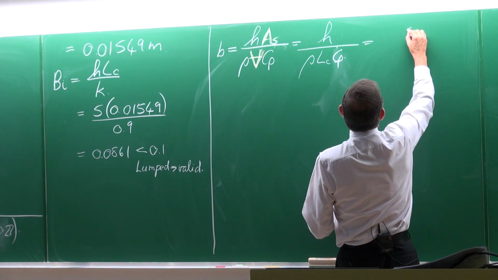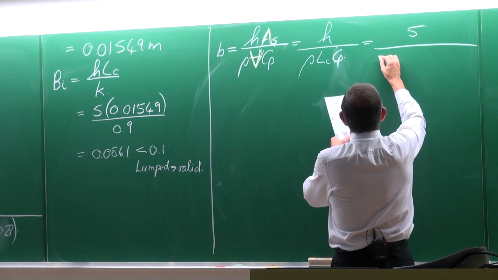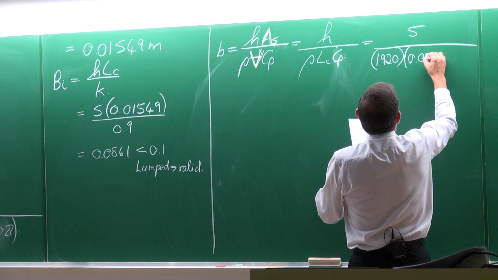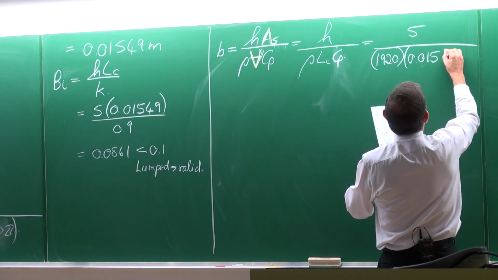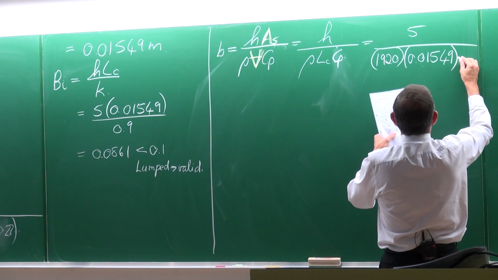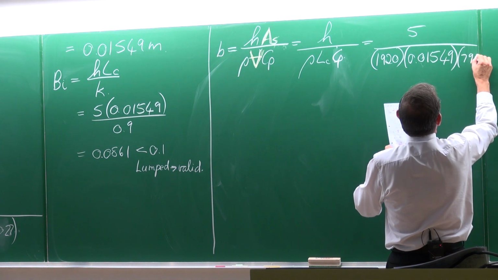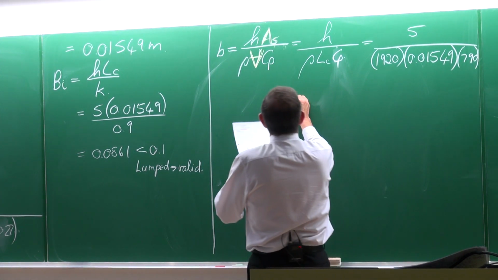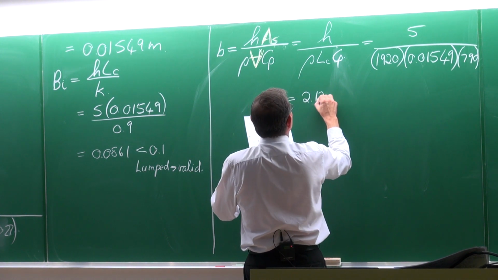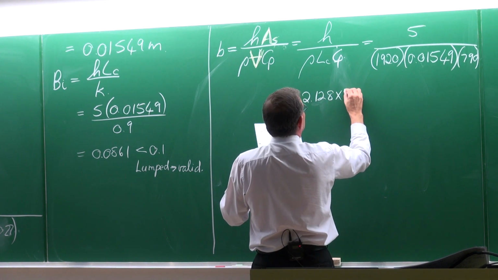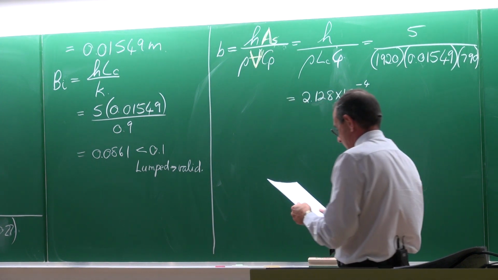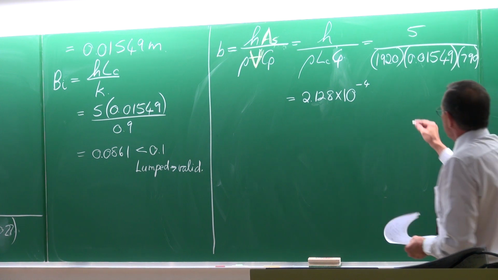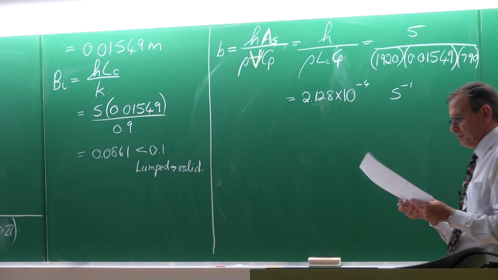Right, so the heat transfer coefficient is 5. The density is 1,920. The characteristic length is 0.01549. And the Cp value is 790. And if we go and calculate that, then it is equal to 2.128 multiplied by 10 to the minus 4. And if I'm not mistaken, I think actually it has units of per second.